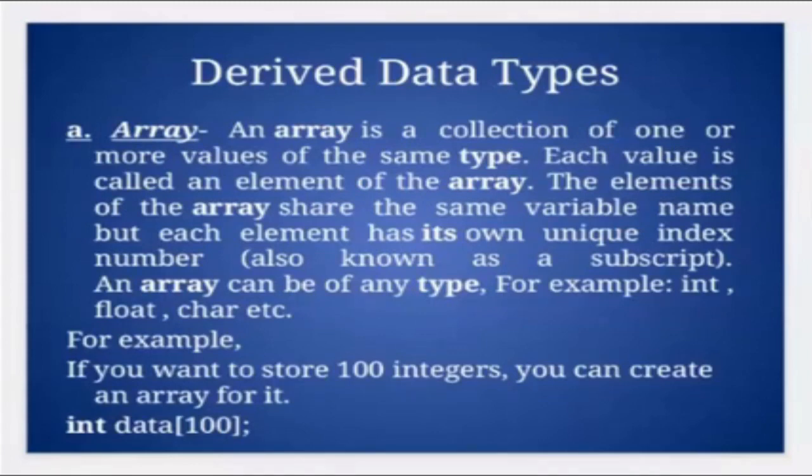An array can be of any type, for example integer, character, float, etc. For example, if you want to store 100 integers, we can create an array for it. Integer data within square brackets 100 is given. So integer is the data type, and we are going to store 100 integer values in consecutive memory locations. That is the meaning of this declaration.